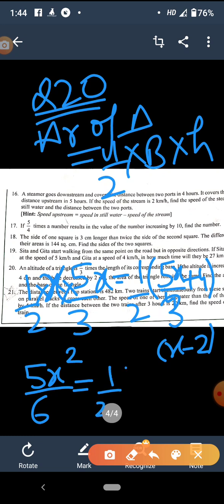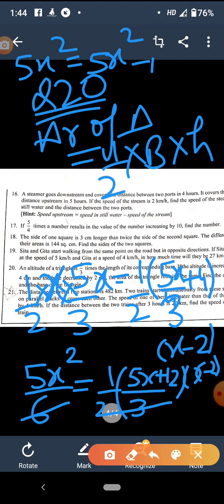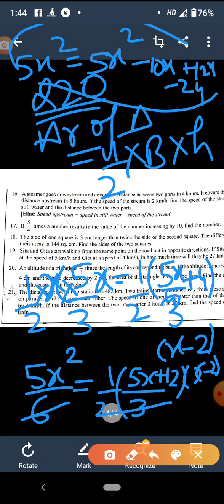Okay, 1 by 2, take LCM, 5x plus 12, x minus 2, 2 3s are 6, cancelled. Now 5x square is here and you do the multiplication of these two binomials. 5x into 5x is 5x square, then minus 10x, then plus 12x, then minus 24. Solve this equation and then you will get x. You will get the base, then you will find out the altitude.